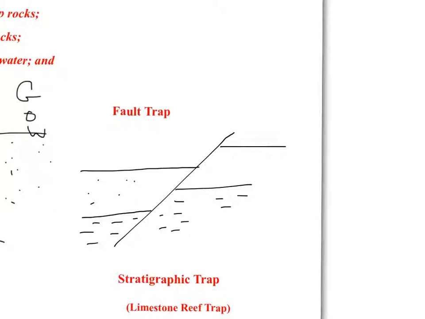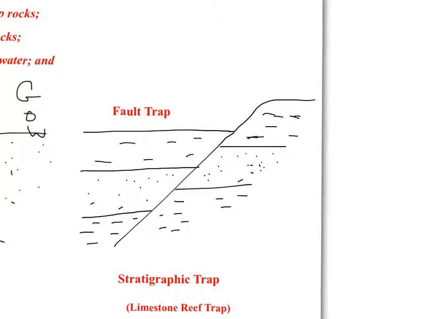So this is going to be sandstone like this, and then I'm going to keep it really simple for the purpose of this video. So I'll put shale over the top like this, and then shale over the top. So here's the shale, just like this.